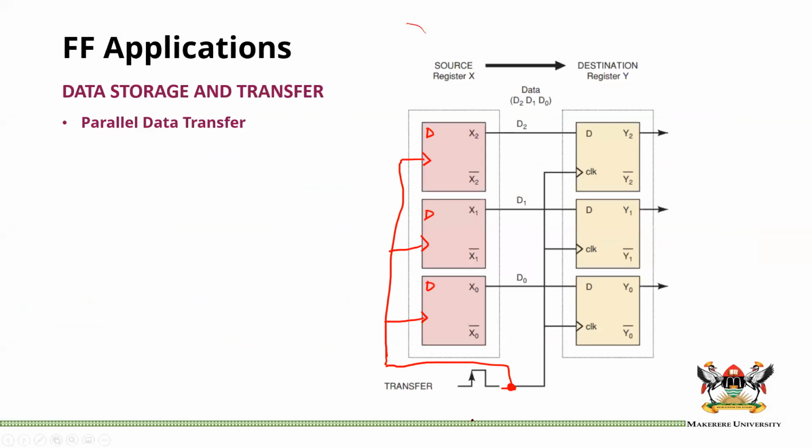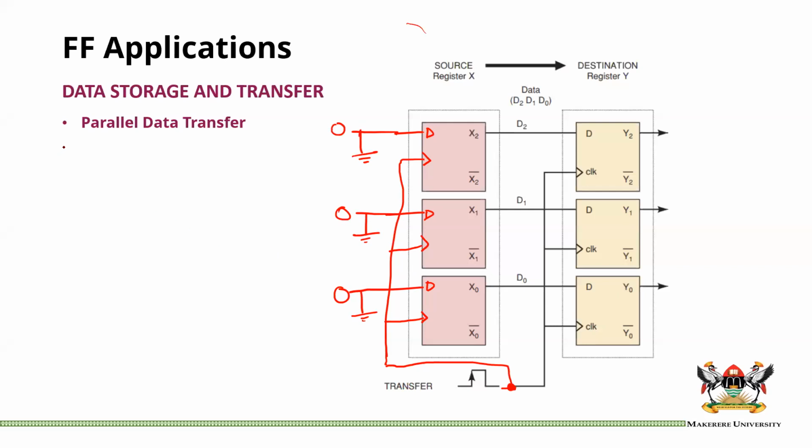Now let us assume that here we have a 0, a 0, and a 0. In other words, these are sort of grounded. It means the 0 is prevailing at all times.